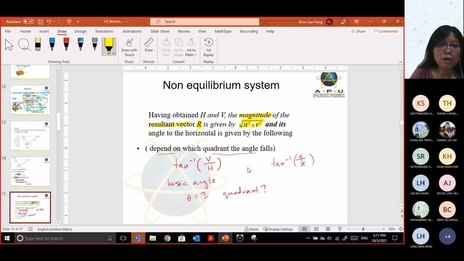Then the next problem is for a non-equilibrium system. We can find the magnitude of the resultant vector by the square root of h squared plus v squared, where h is the horizontal component and v is the vertical component. For the angle, it is arctangent of v over h, vertical divided by horizontal component.